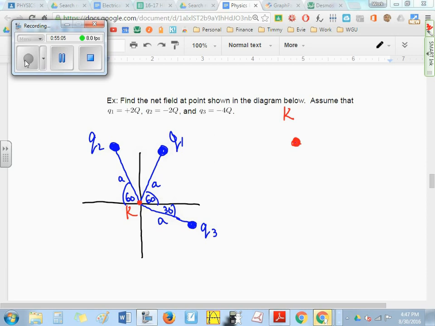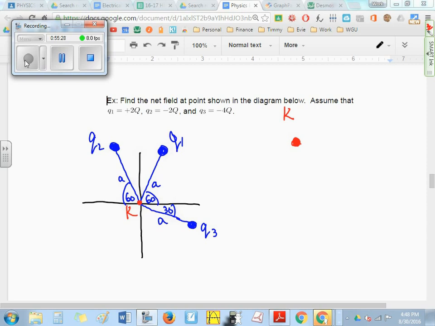Now, because we have the charge values and the signs of the charges given to us, we can just not worry too much about the whole idea that field lines point towards a negative charge and away from a positive charge.